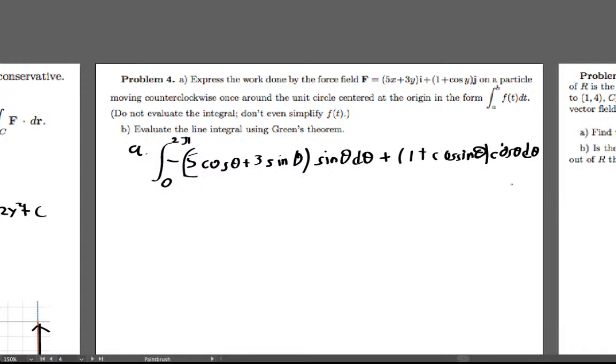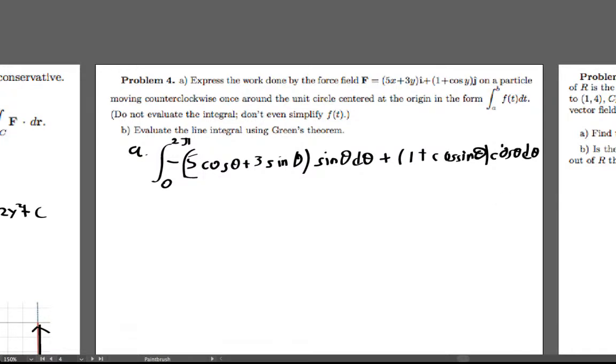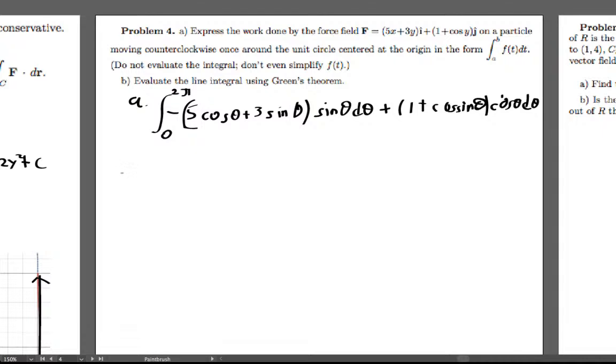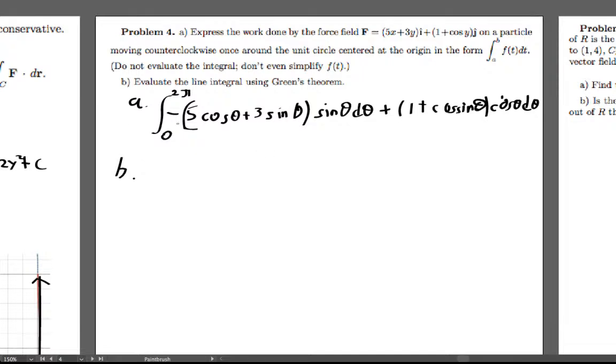Instead of doing this, evaluate the line integral using Green's theorem. Green's theorem actually solves the entire problem, because it turns this very hard problem into something much more manageable. Green's theorem would basically state that this would be the double integral of a region.